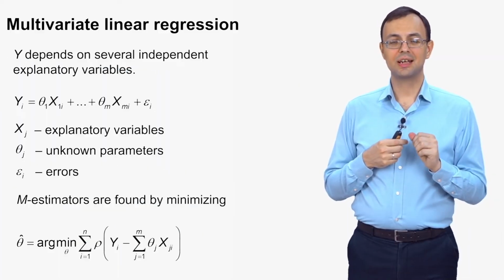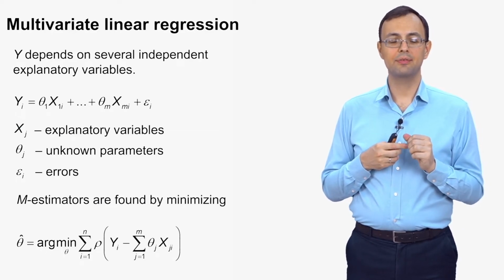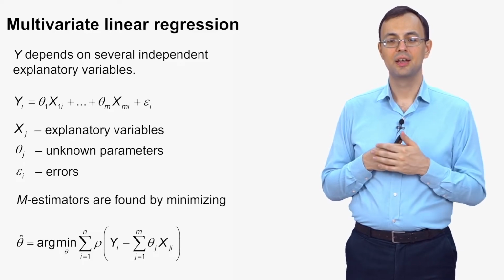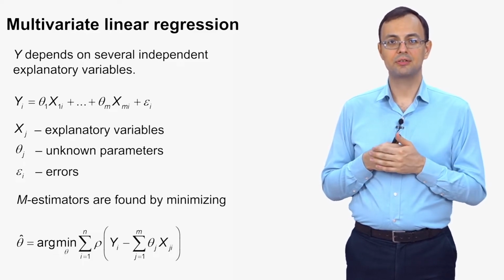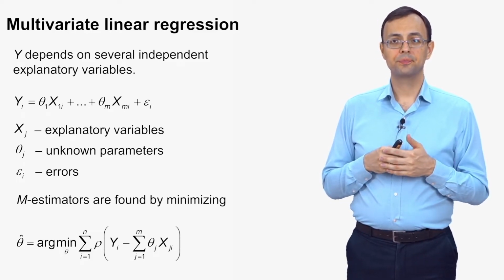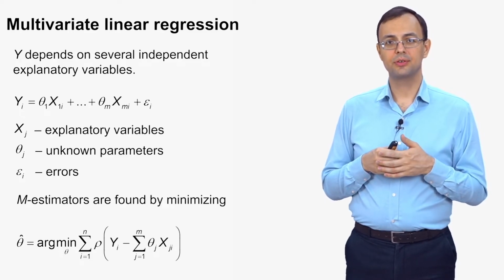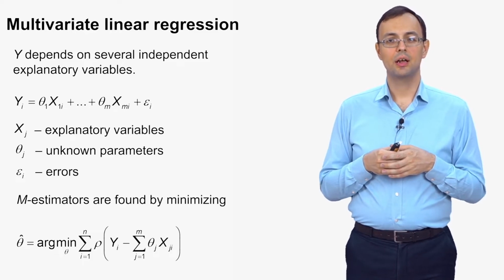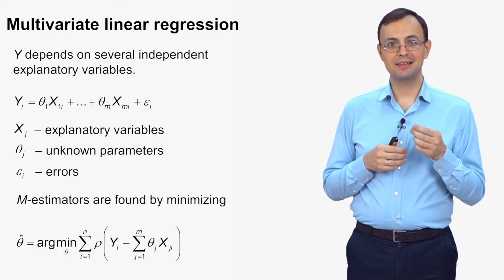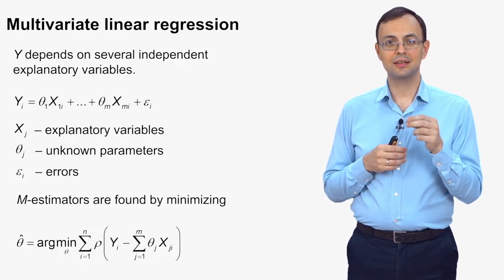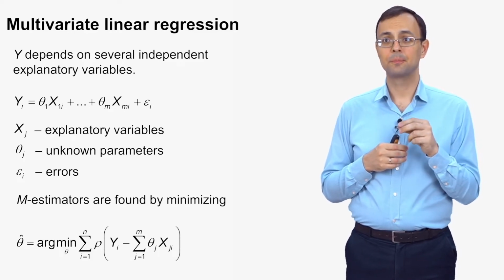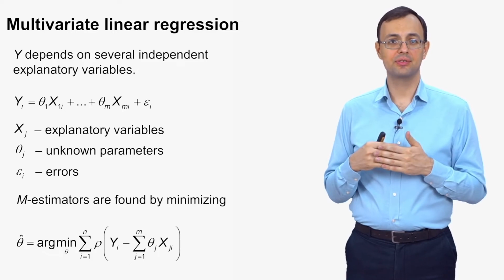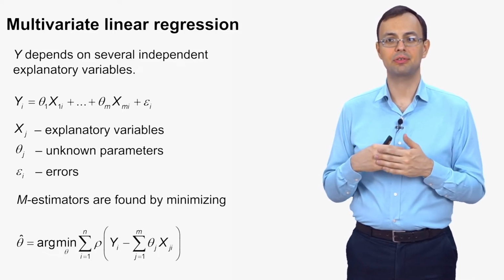What we have just discussed was a situation when we have two variables, a pair of variables. That is why this is usually called a paired linear regression. But another model that is also used very often is a multivariate linear regression, when y depends not just on a single scalar x, but on several independent variables that are usually called explanatory variables.